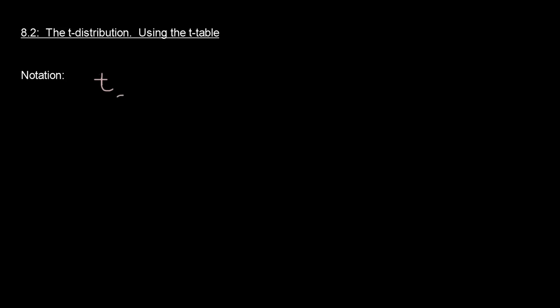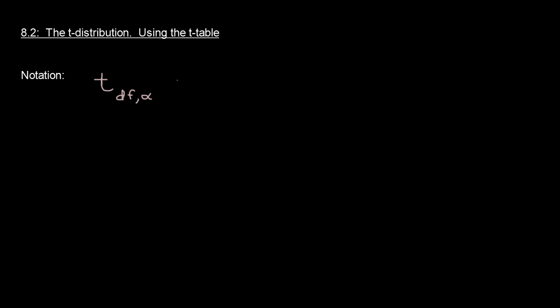There's t, and in the subscript is some indication for degrees of freedom, and then usually there is a small percentage or proportion in the subscript as well. And so what this gets you is a t value.